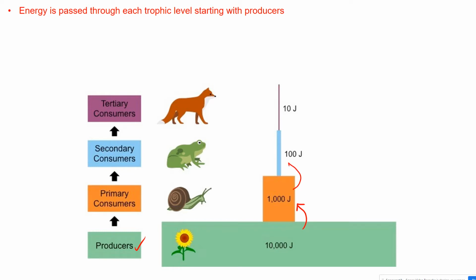And some energy moves on from the snails to the frogs, and then from the frogs to the foxes. So every time one of those things eats another thing, energy flows from one level to another. And at the bottom here, we have plants, we have producers. And that's really important because producers have the power of photosynthesis, right?